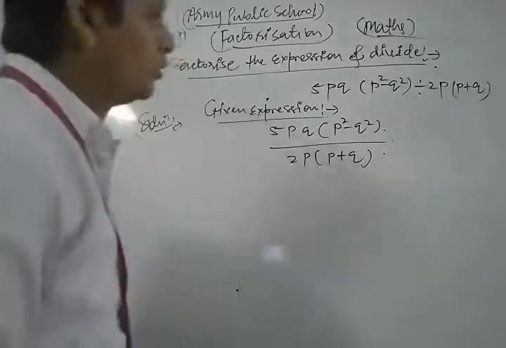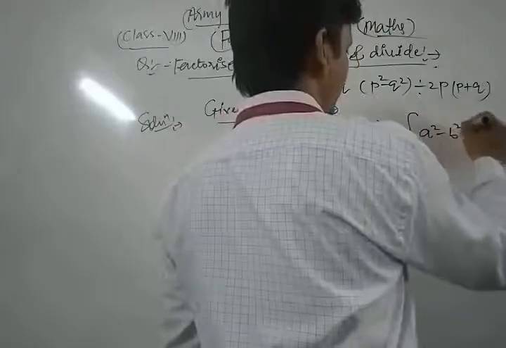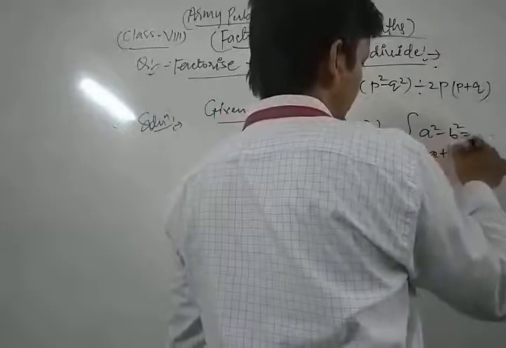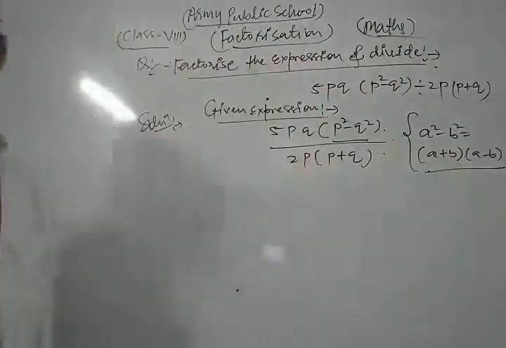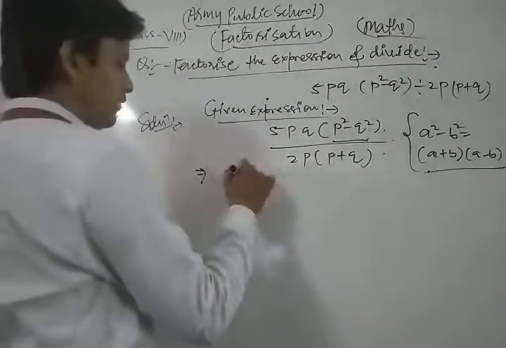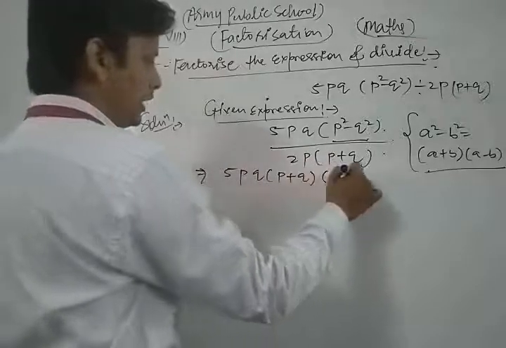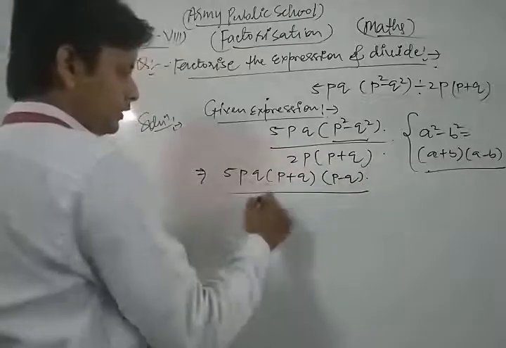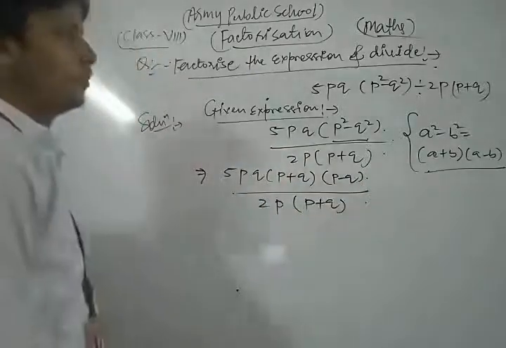First of all, we factorize them. This is based on the identity a square minus b square, that is a plus b into a minus b. So we can write 5p cube, and here we can write p plus q and p minus q, and in the division 2p in another bracket p plus q.